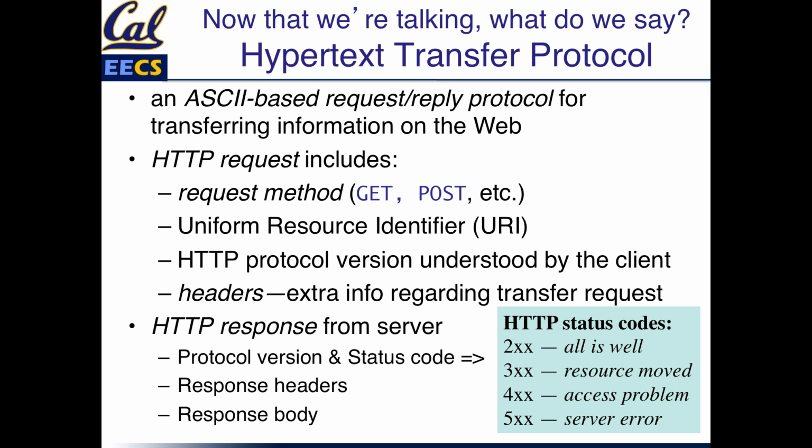An HTTP request is very simple. There's a request method. GET and POST are the most common ones, but there's 3 or 4 others that you'll come to meet during the rest of the course. There's a URI. You've seen these before. The URI names the thing that you would like to retrieve. And the HTTP protocol version.